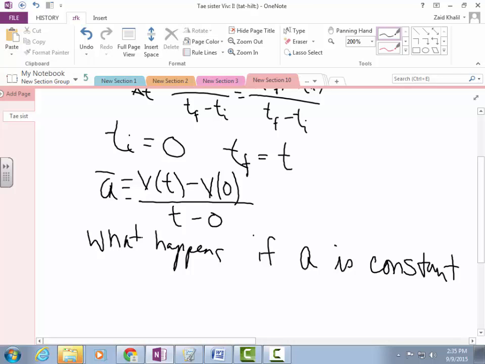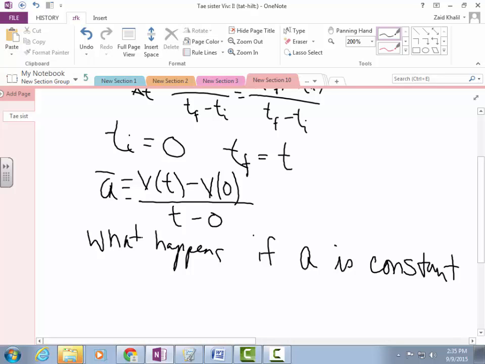That means, what happens if the instantaneous acceleration is constant? So what do I mean by instantaneous acceleration? Well, it would be the acceleration at any instant in time.